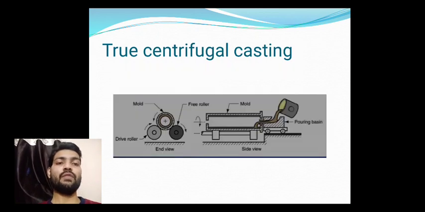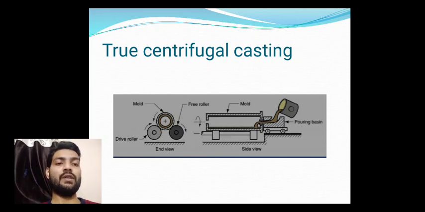This is the figure of true centrifugal casting. Look at the side view. A horizontal type of mold is used in true centrifugal casting, and the axis of the mold, or axis of casting, and the axis of rotation will revolve at very high speed.